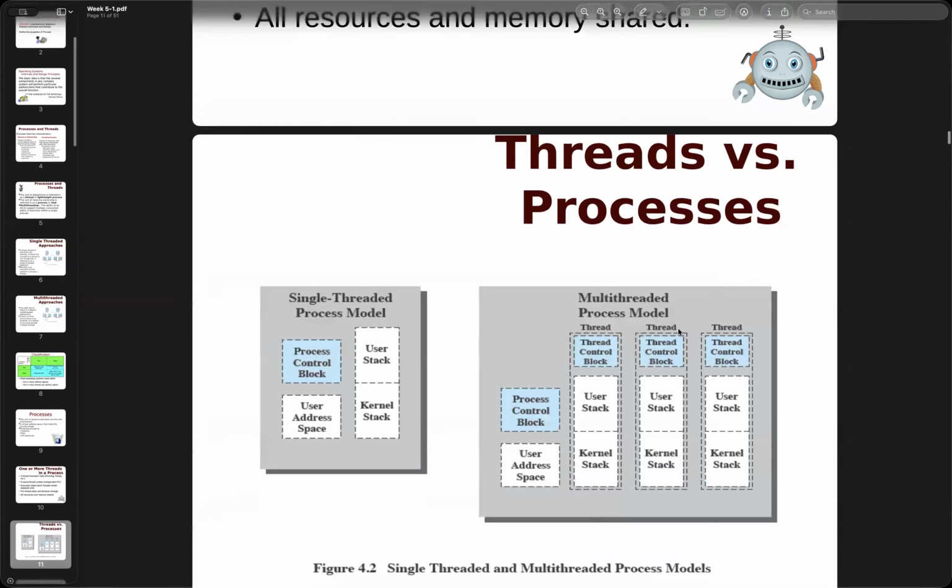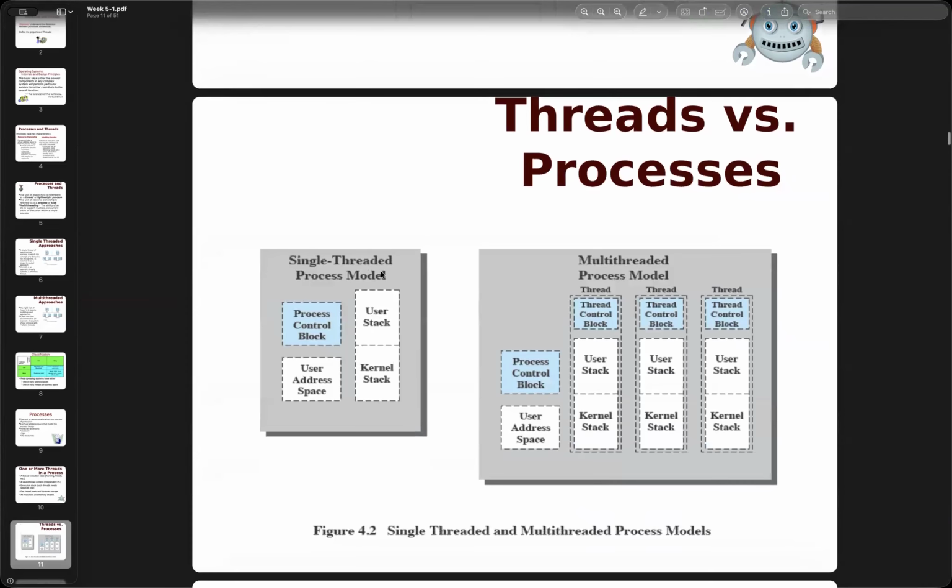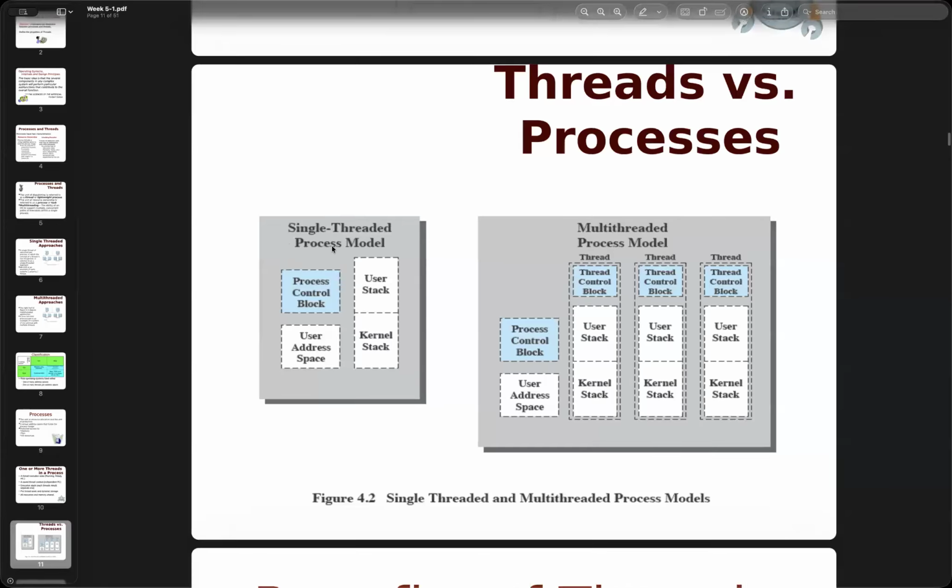In a single thread model, we can compare it with the process. For the single thread process model, we have the process control block, the user stack and kernel stack, the kernel for the OS, the user program, and the user address space. So this one is single thread.